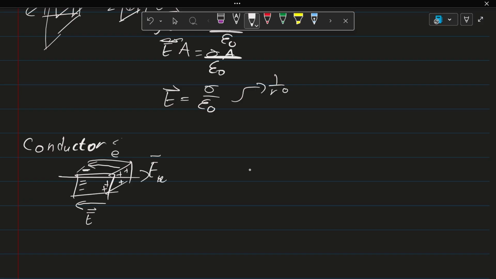If you sum them both up, inside of this conductor, its electric field should be 0. And that's for an ideal conductor itself. So there will be a buildup of charges such that inside there wouldn't be any electric field. It's pretty much like a dipole, but there is some other electric field applied from the outside.